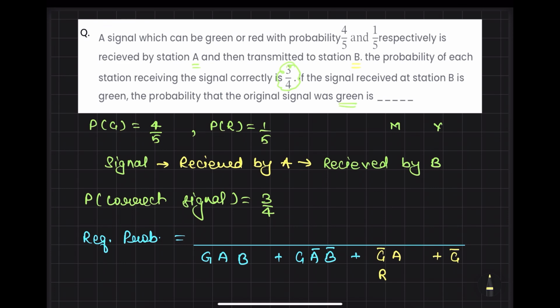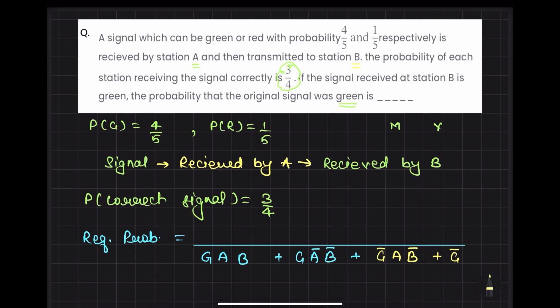So A will receive red. Now if A will send red and it is correctly received by B, means at the end you are getting red signal, so that is wrong. You should have green signal. So B should receive wrong signal. Is that okay?